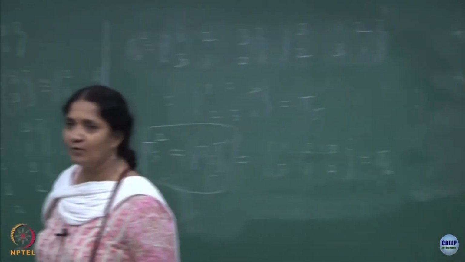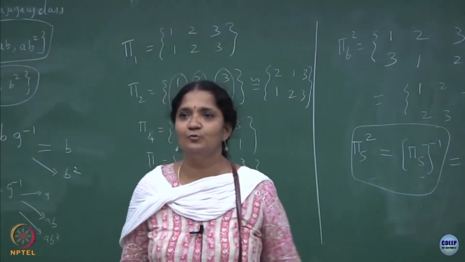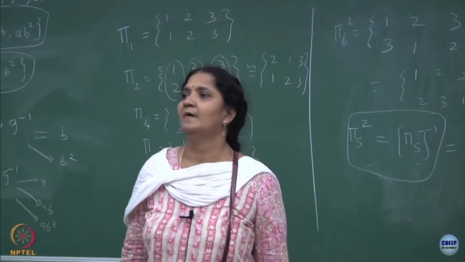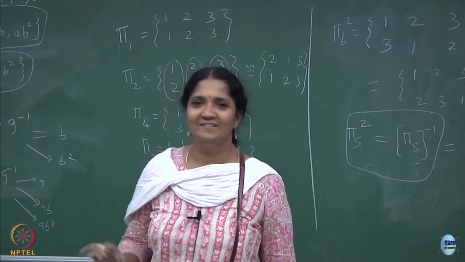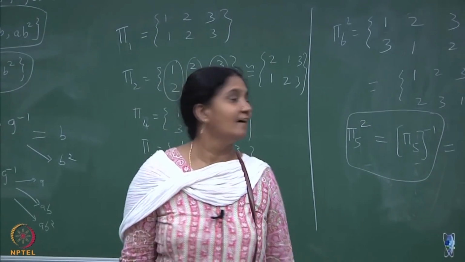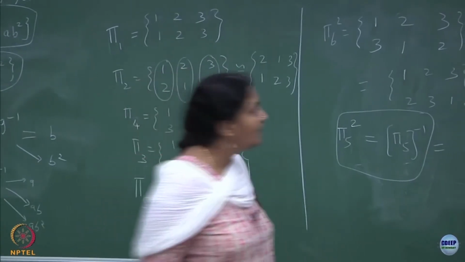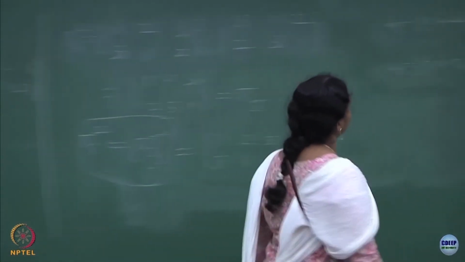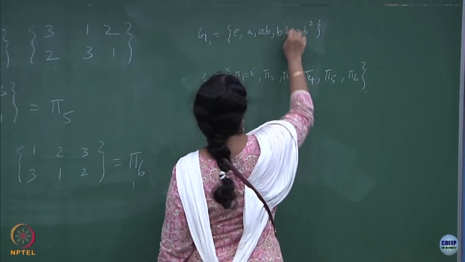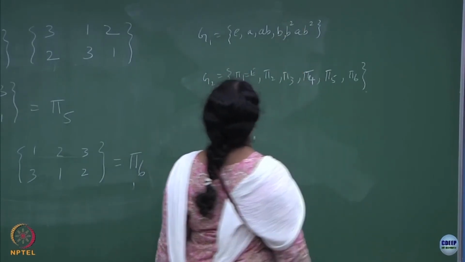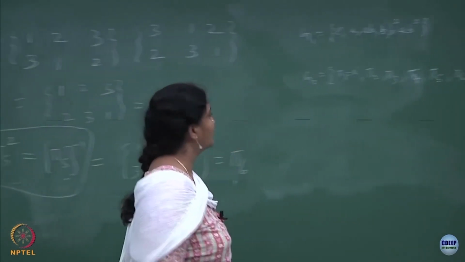Is it an isomorphism? It should be an isomorphism, the orders of the two groups are the same, right. Homomorphism will come only when the orders are different. B is missing? Yeah, B should also be there. Thank you. Totally 6 elements.